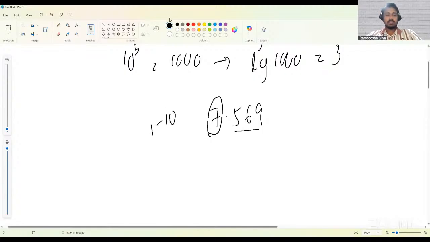For that, we have four digits in here. Can you please write down the topic: the logarithm of a number with up to three decimal places, which lies between 1 and 10.